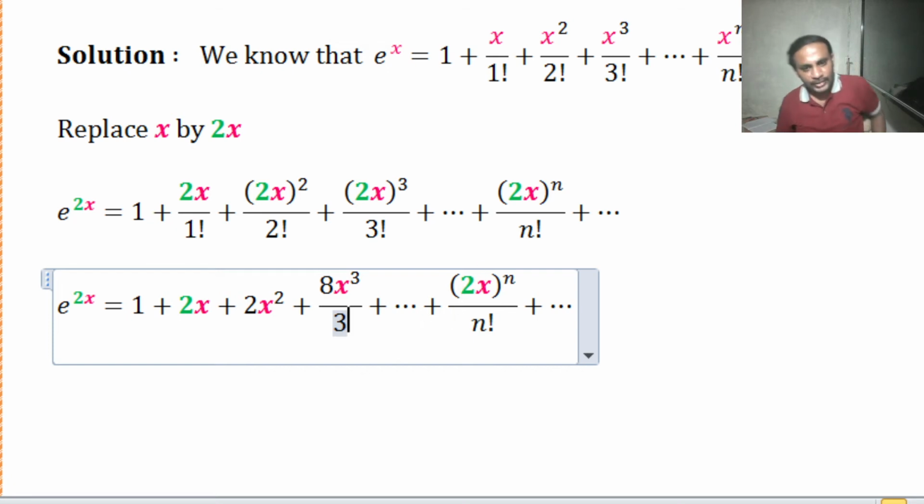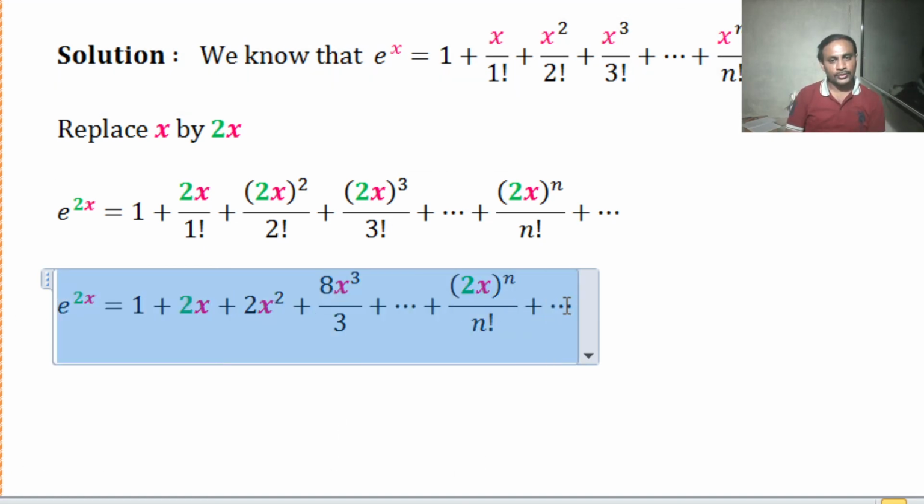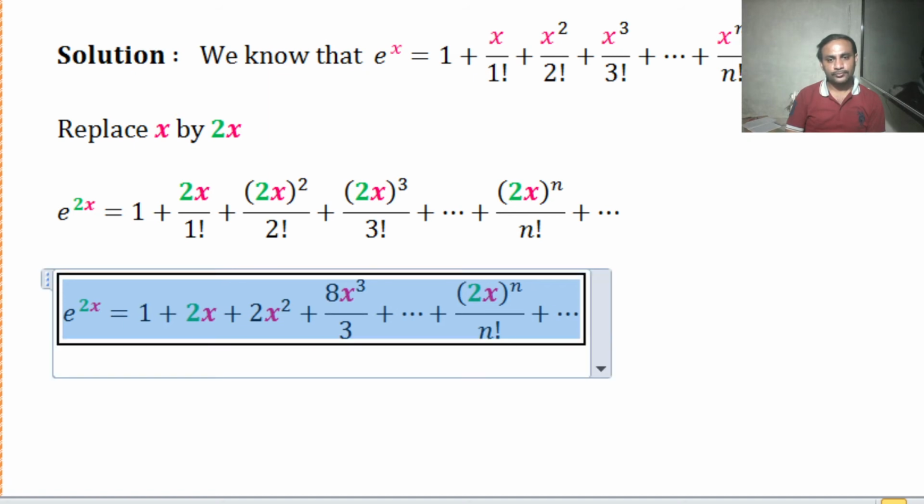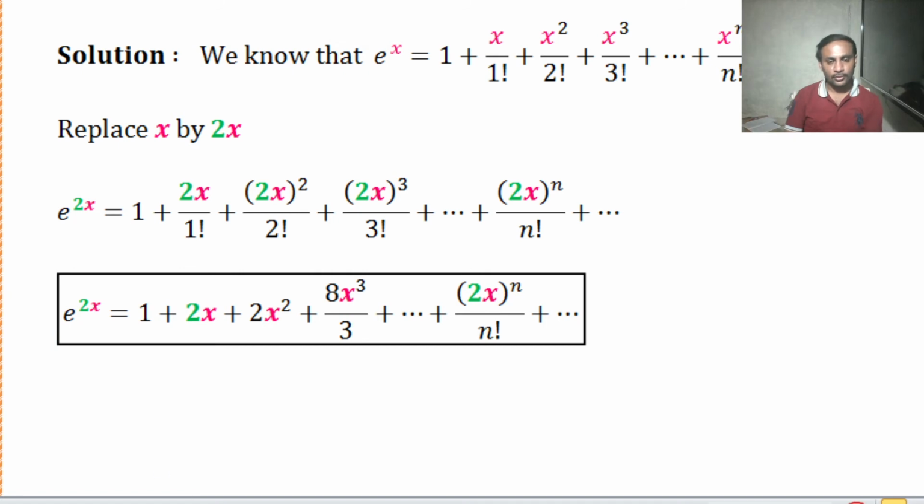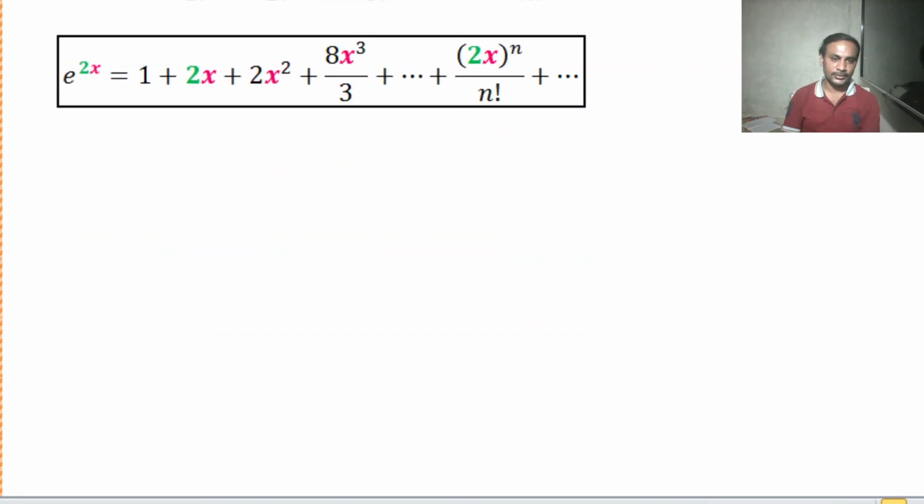We can write 2x bracket raised to n upon n factorial. So this is the series expansion of the function e raised to 2x in powers of x.